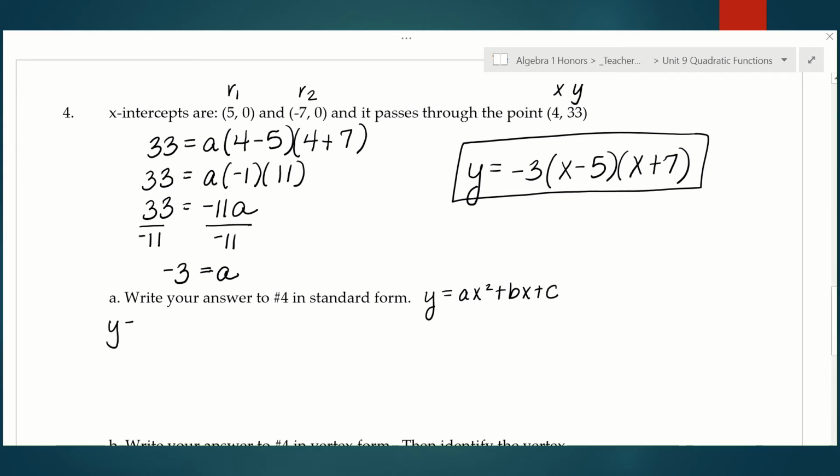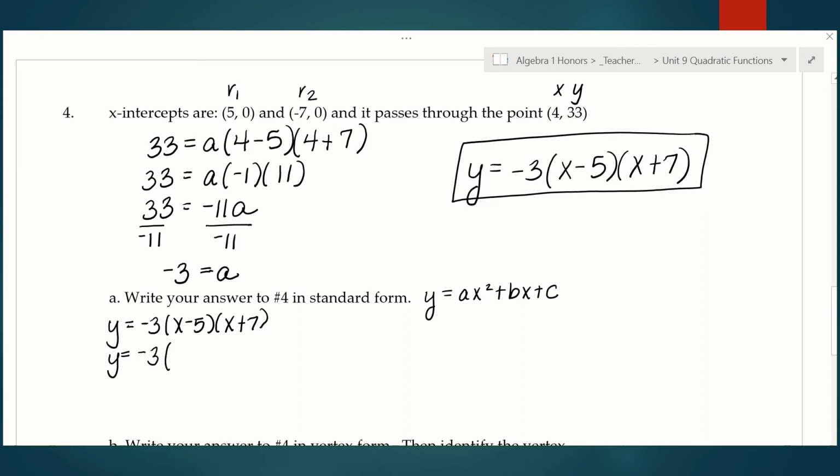So let me just rewrite what we got for root form here. Okay, so because all three of these things are being multiplied together, you can multiply in any order. The commutative property says you could do -3 times x minus 5 first, or you could do x minus 5 times x plus 7 first. It really doesn't matter the order. I am going to choose to multiply my two binomials together first. Okay, so I'm going to just bring down my -3.